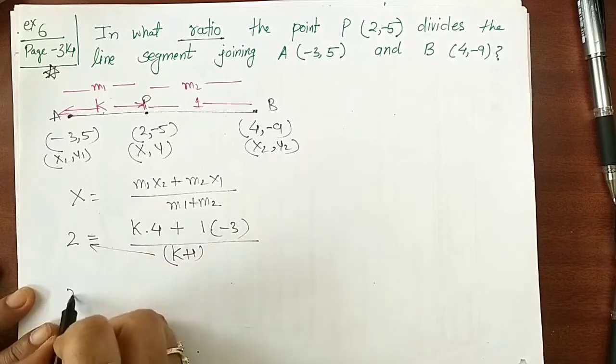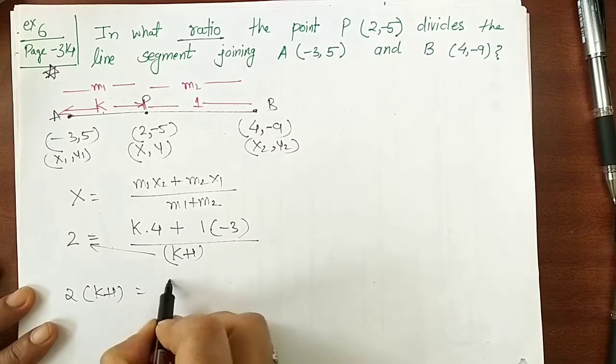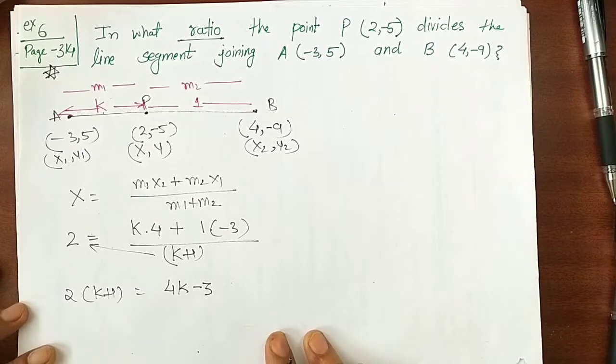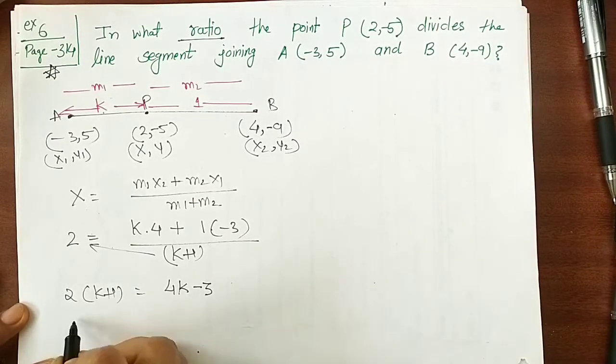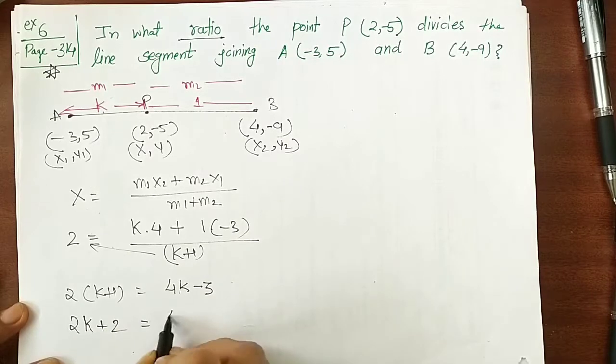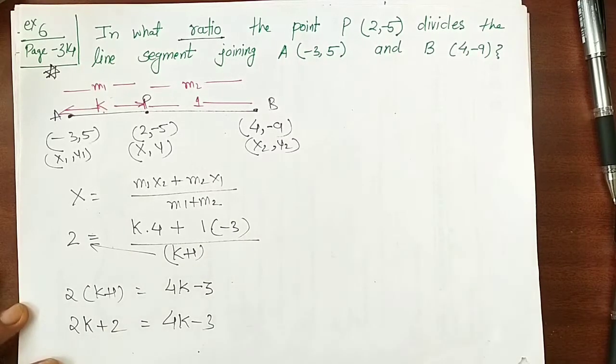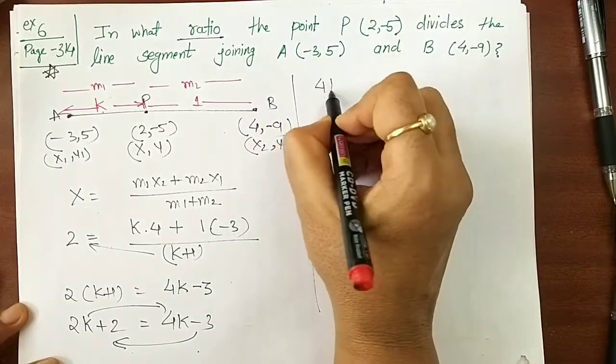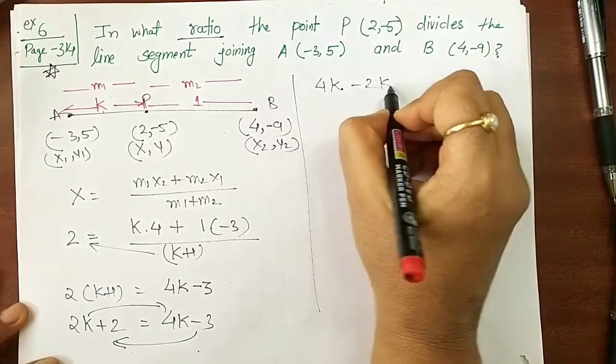So 2k plus 2 is equal to 4k minus 3. Okay, now let me simplify. Can I take this here and this here? So this will become, guys, 4k minus 2k is 2 plus 3.